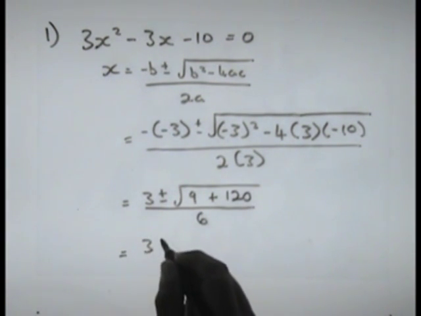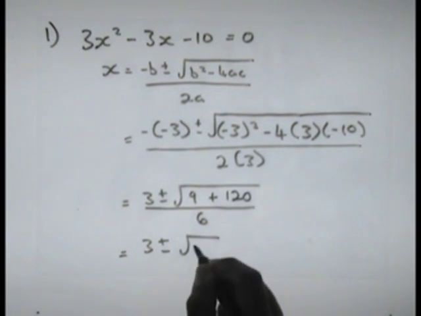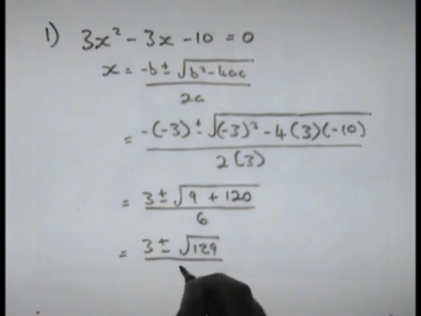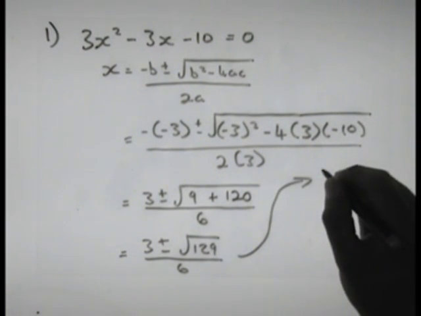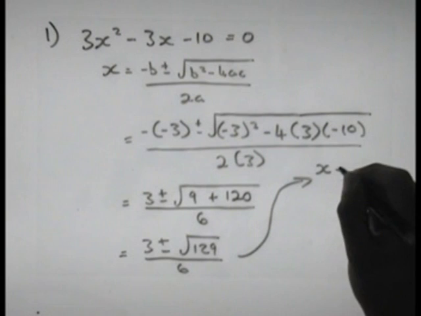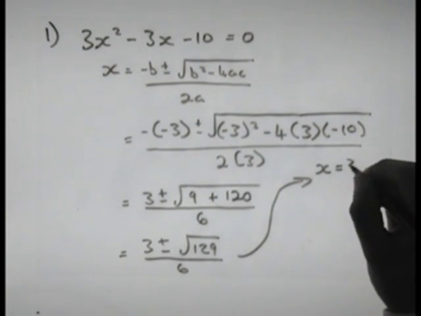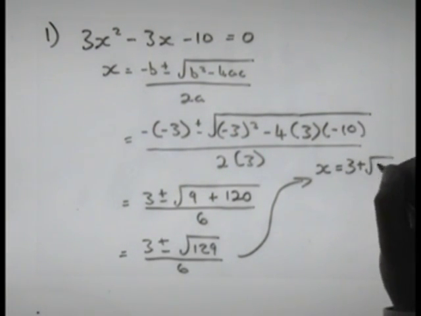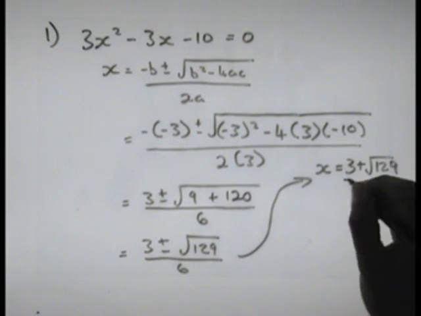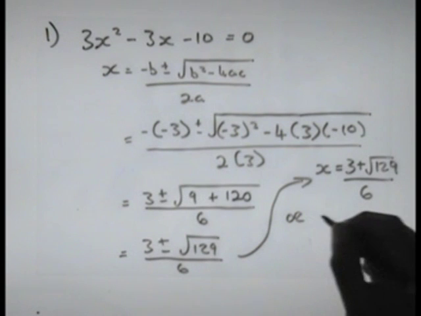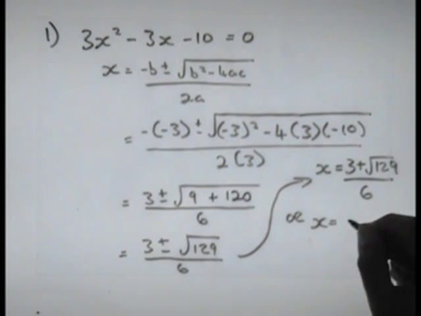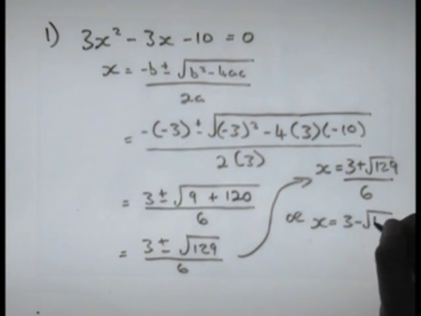That's going to give me 3 plus or minus the square root of 129, all divided by 6, which means that my two x values are going to be x is equal to 3 plus root 129 divided by 6, or x is equal to 3 minus root 129 over 6.